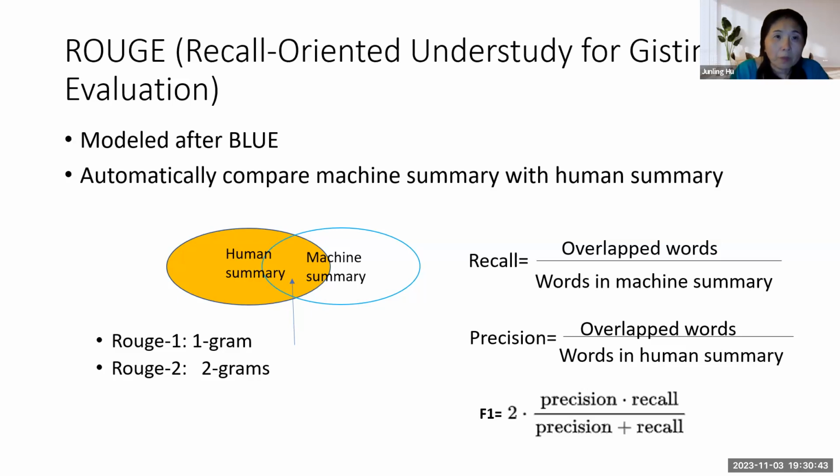So we compare. We take the human summary as a ground truth. Then we calculate the overlap between the ground truth and our generated summary.